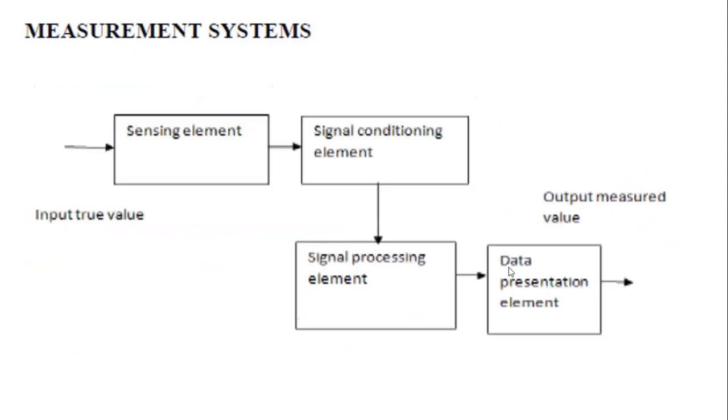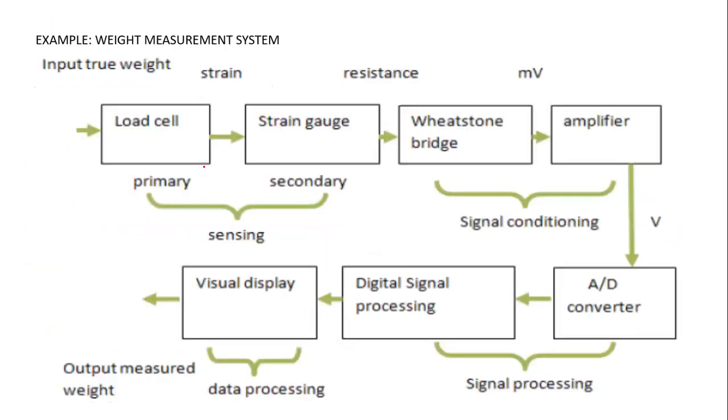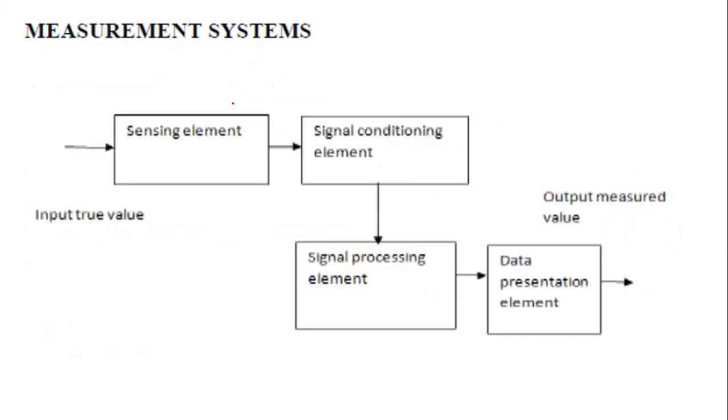Now, this is a block diagram of a measurement system. Here, what we need is a sensing element. The sensing element can be a strain gauge or piezoelectric crystals. This sensing element is also known as a detector.